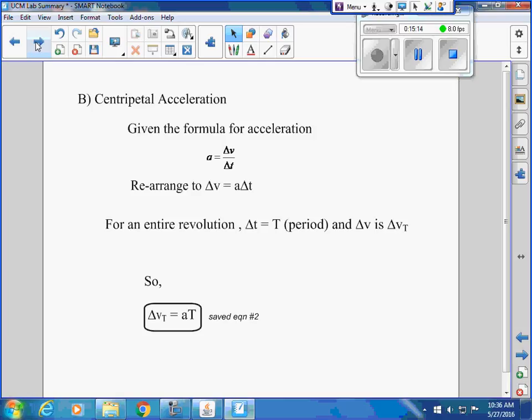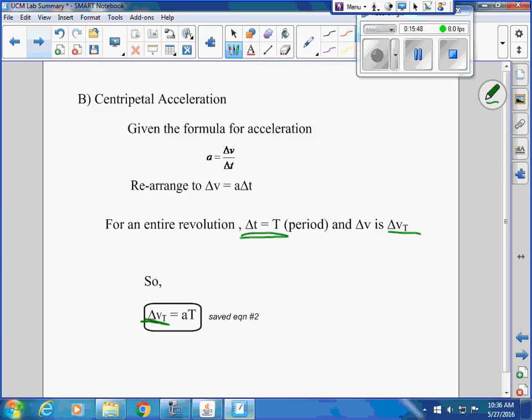For one entire revolution, the delta t, the change in time, is known as capital T, the period, and the delta v, the change in velocity, I'm going to call delta v_T, the total change in velocity. I'm just making a little bit of a substitution there. So in other words, delta v_T, total change in velocity, is equal to acceleration multiplied by period, aT.